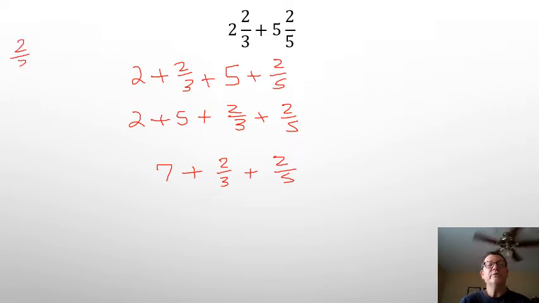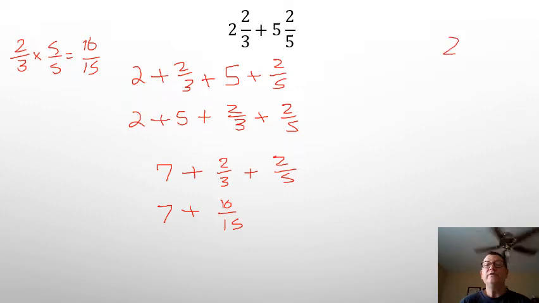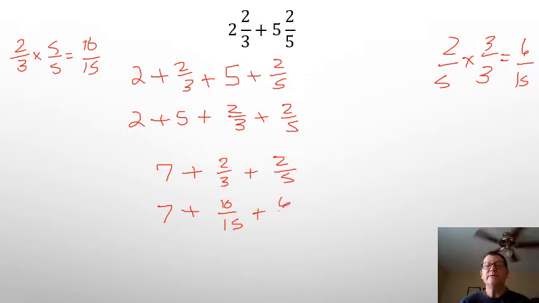If I take 2/3 and multiply it by the other denominator, which is 5, I'm going to end up with 10/15. So now I end up with 7 plus 10 fifteenths. And now the 2/5, I'm going to multiply that by thirds, which will give me 6 fifteenths. So now I have 10 fifteenths plus 6 fifteenths.